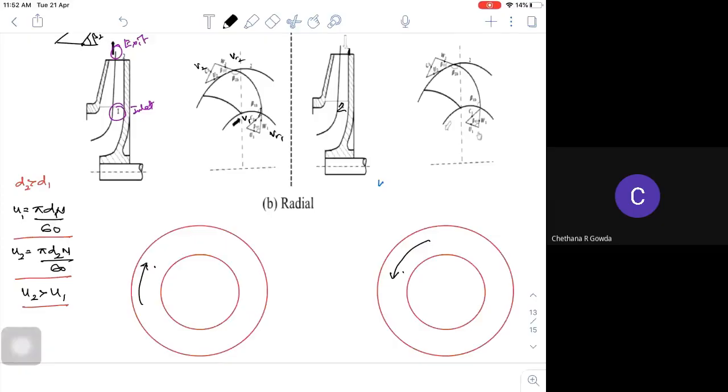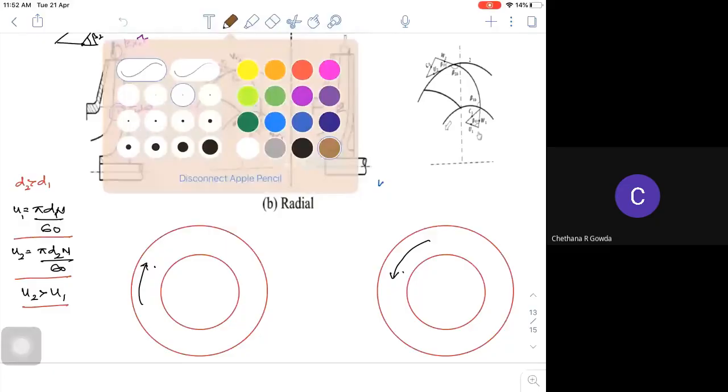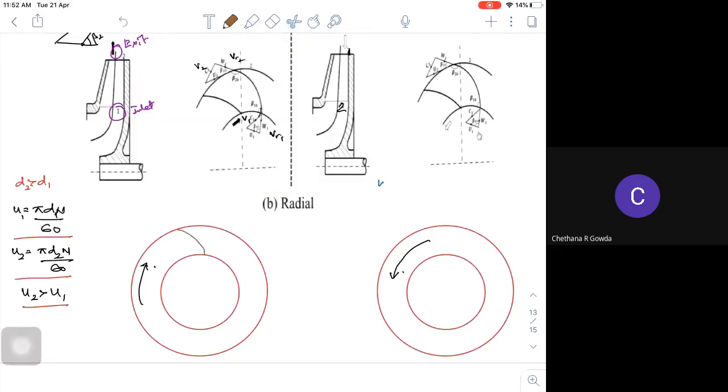The empty arrow is for a turbine. Now for this condition, I have the corresponding profile of the blade. So if I try to draw the profile of the blade like this, what is the velocity triangle?